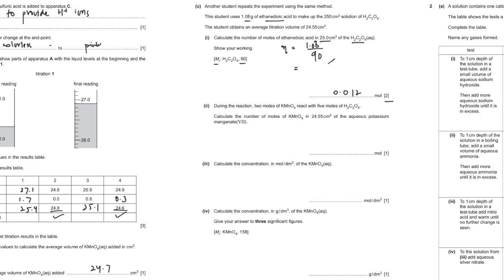Okay, in part 2, during the reaction 2 moles of KMnO4 react with 5 moles of H2C2O4. Calculate the number of moles of KMnO4 in this volume of potassium manganate. So you are given the ratio 2 to 5. When there are 2 moles of KMnO4, there are 5 moles of acid.